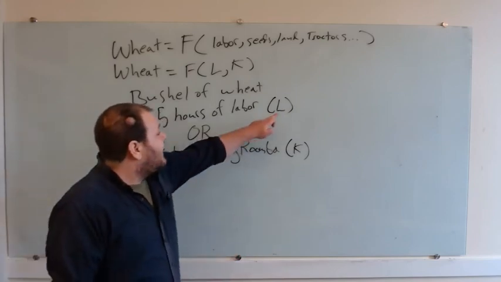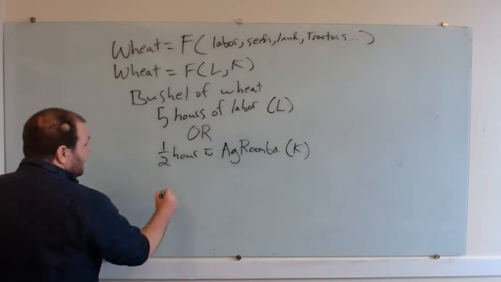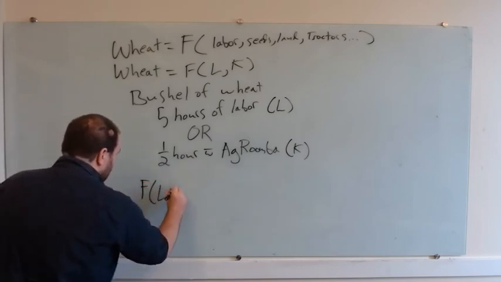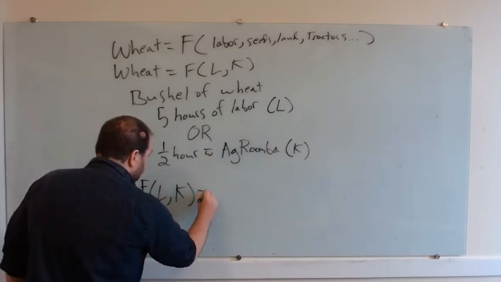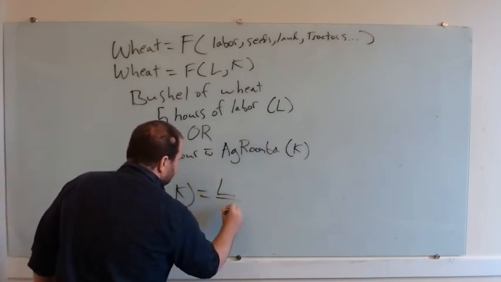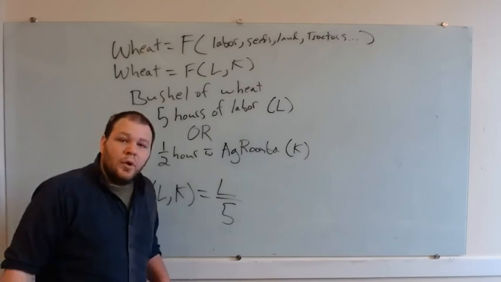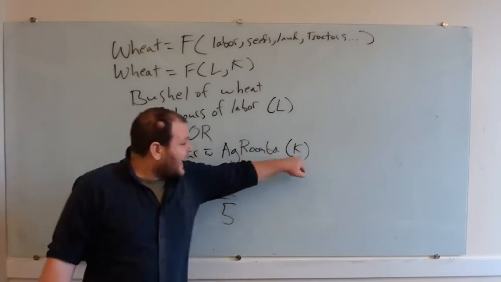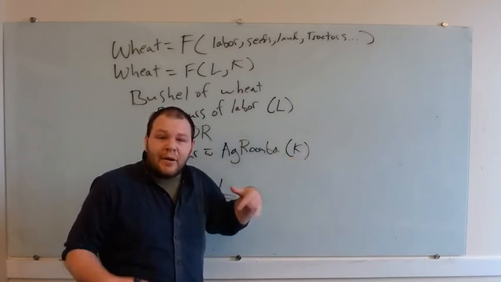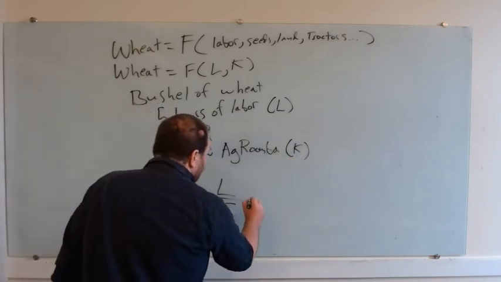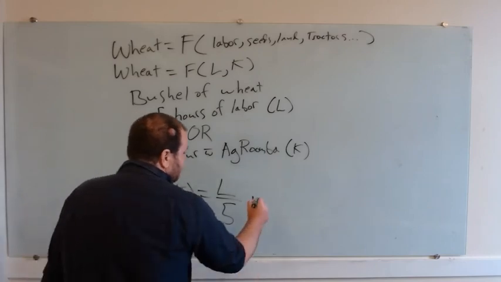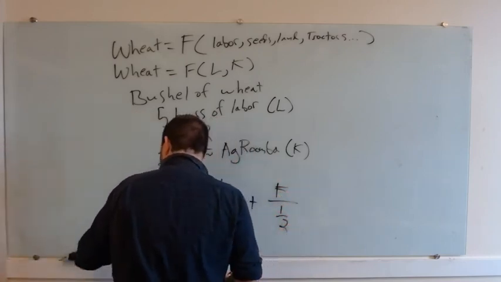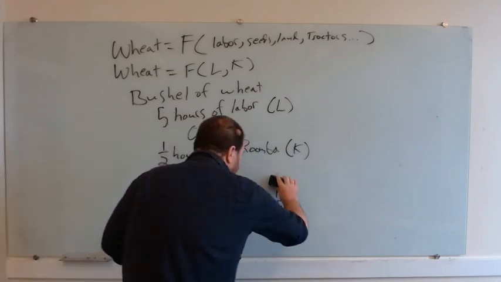Well, the L hours of labor would harvest L over 5 bushels of wheat, 1 bushel for every 5 hours of labor. And the K hours of ag Roomba would harvest K over 1/2, or if you prefer, 2K.